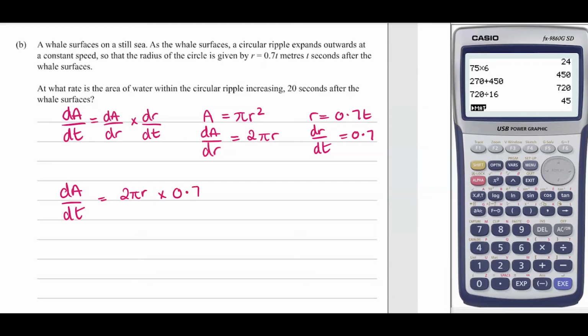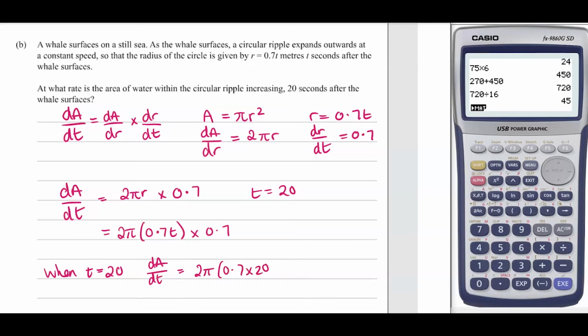And we want to work that out when t equals 20. So we actually need r in terms of t. So if we replace that r with 0.7t, so when t is 20, dA by dt will be 2 pi times 0.7 times 20 times 0.7.